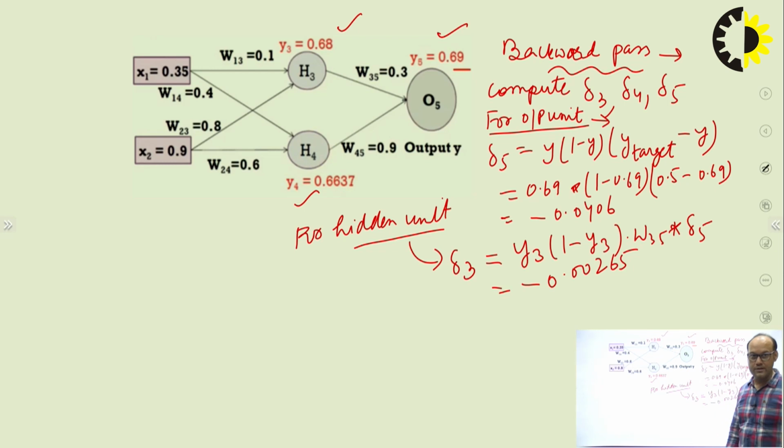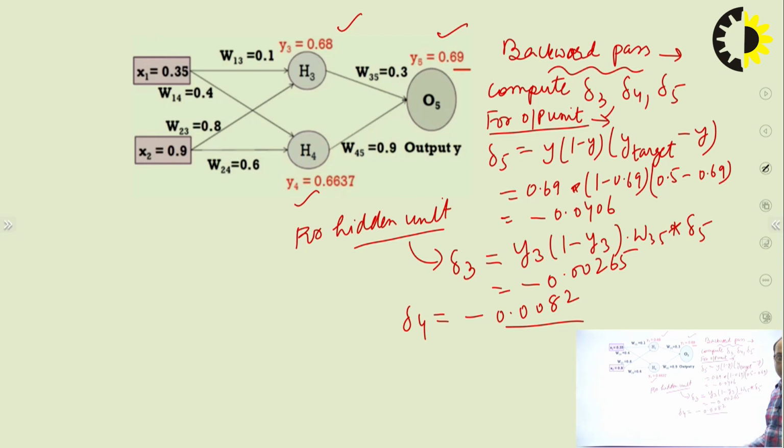Similarly for H4, for delta 4, when we put the values I will get minus 0.0082. So we have calculated the error at the output unit as well as at the hidden unit.